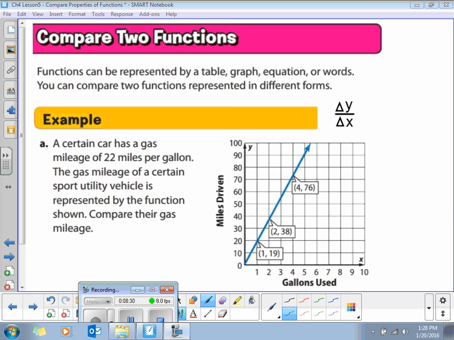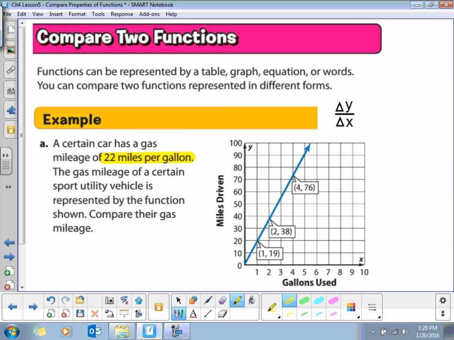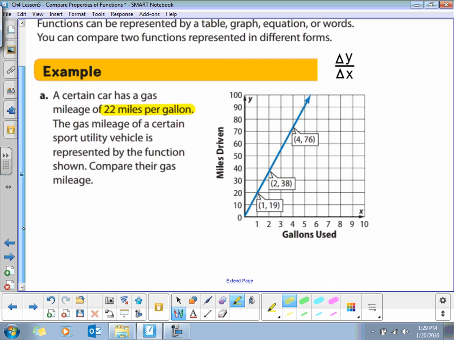What is the first function in this example? What's the function for the car? So the first function for the first car is 22 miles per gallon. And again, the second function for the SUV is shown here in the table. Okay? So, if I want to look at the rates of change, it says compare their gas mileages.